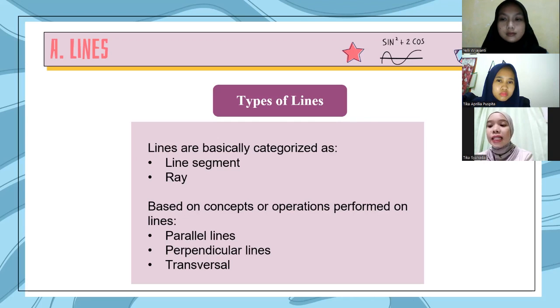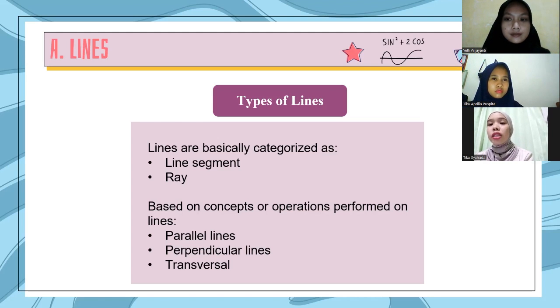A line is a straight one-dimensional figure that extends in opposite directions infinitely. A line can be horizontal or vertical, and it can be drawn from left to right or top to bottom. And there are two major types of lines, the basic ones and lines based on concepts.